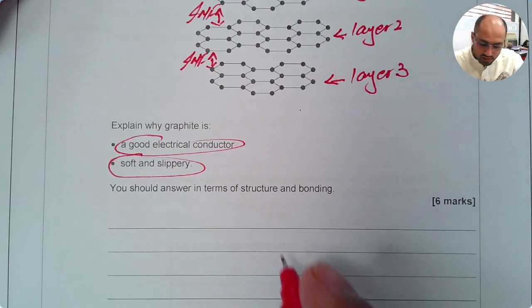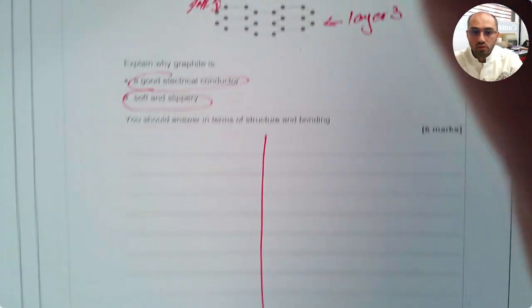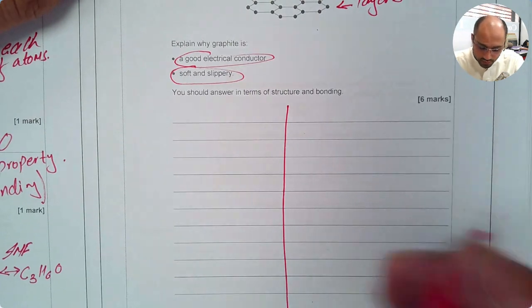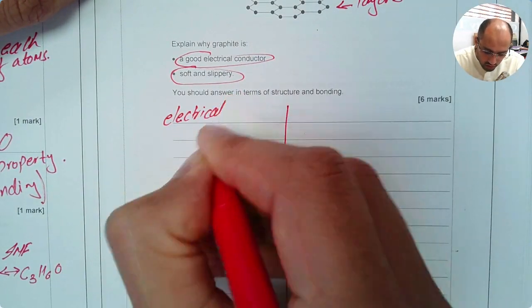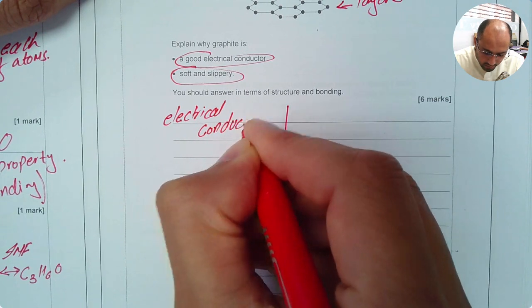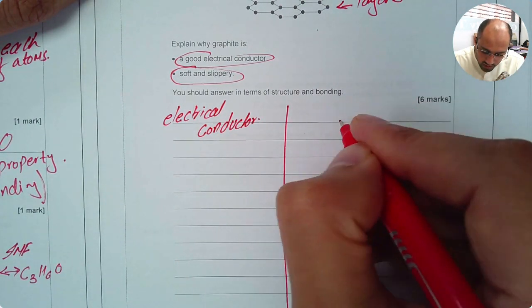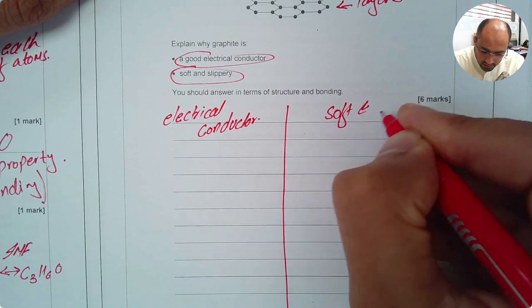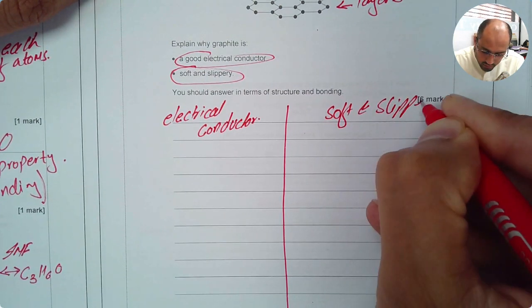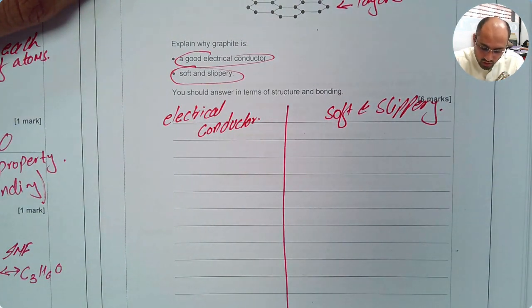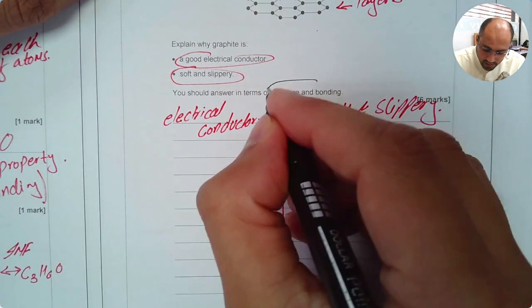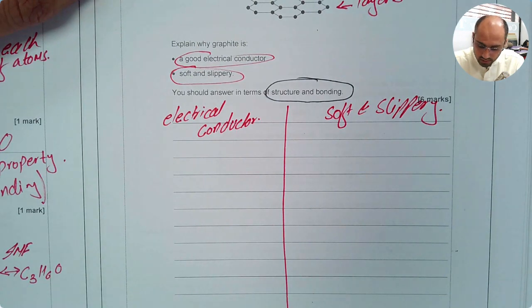So we will separate our answer into 2 sections. The first section will be about it being an electrical conductor, and the second part will be about soft and slippery. It says in your answer you should answer in terms of structure and bonding.